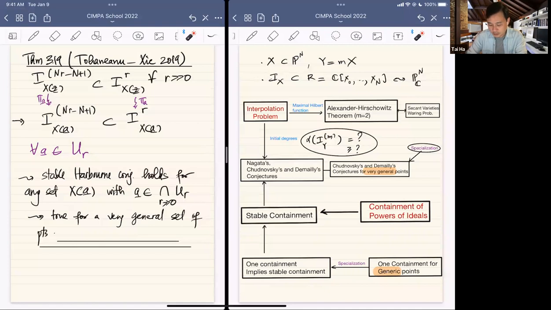Then in this case, we are interested in the initial degree of the m-th symbolic power, sorry, this should be X, the m-th symbolic power of I_X, which is the same as I of Y. And in this direction, there are a number of important conjectures. Nagata's conjecture, of course, is the most famous one. And then there's Chudnovsky and Iarrobino's conjecture, which is a generalization of Chudnovsky's conjecture.